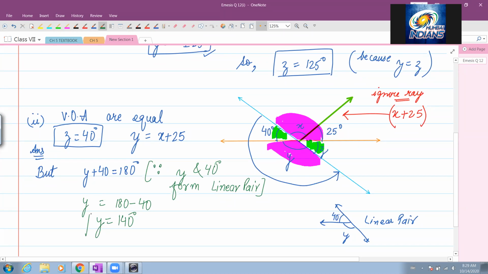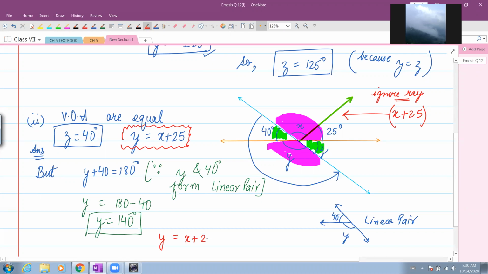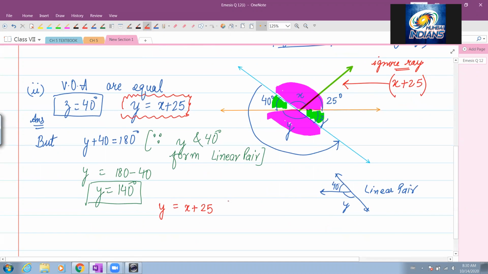The value of Y is 140 degrees. I'm going back to the original result that I had written in the beginning, and I'm going to use the value of Y here.